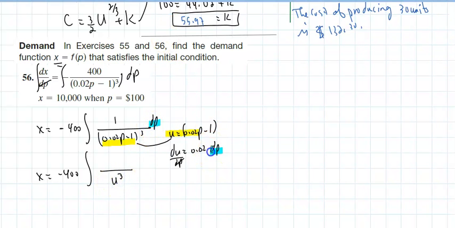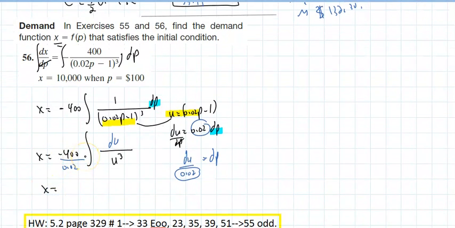Do you notice dp is off by a constant? So can't I divide both sides by this and say dp is really du over 0.02? So there's the u, and since this is a constant, there it is.